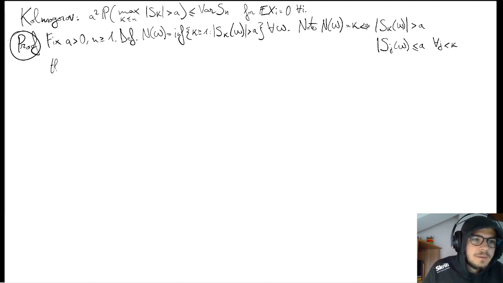Then we have that the indicator over the set in which N equals k is a function of x1, ..., xn.